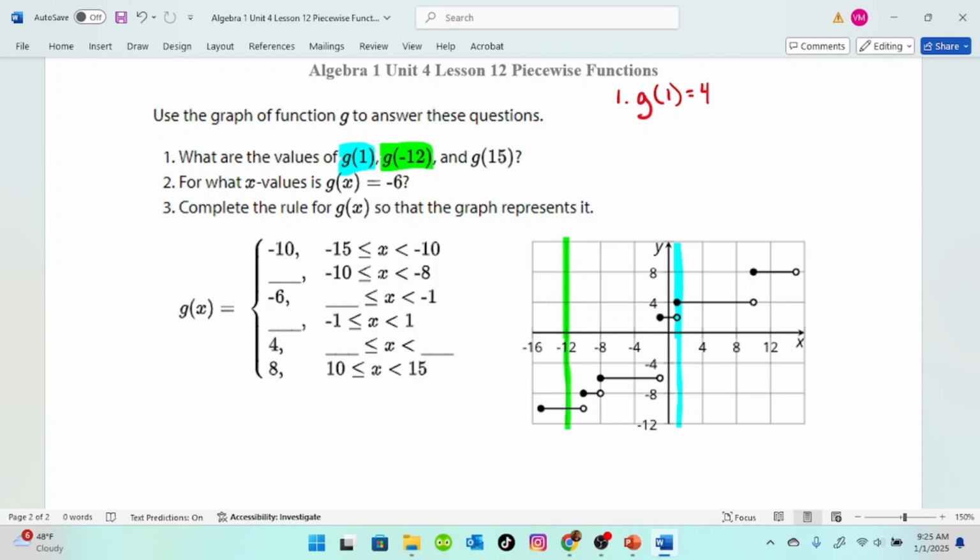And I see that I cross this at a line halfway between y equals negative 8 and y equals negative 12, which means this value is at y equals negative 10. So for g of negative 12, my y value is negative 10.